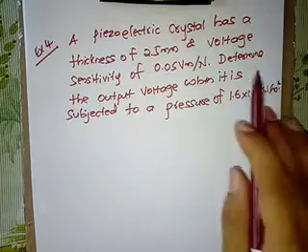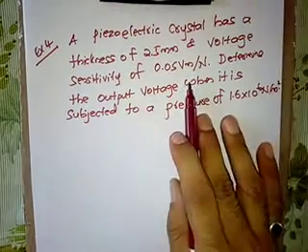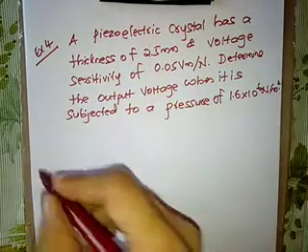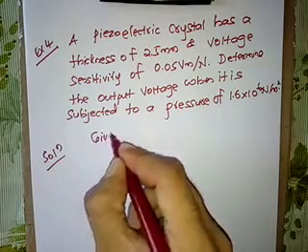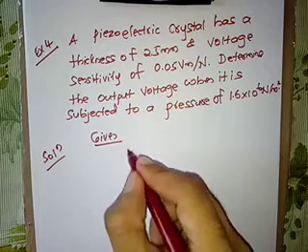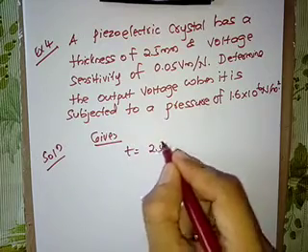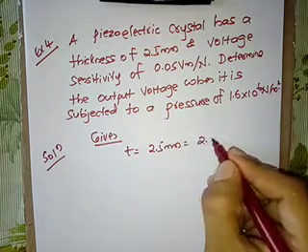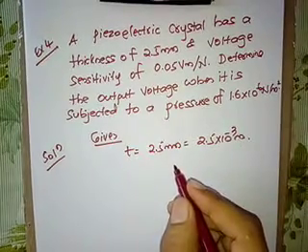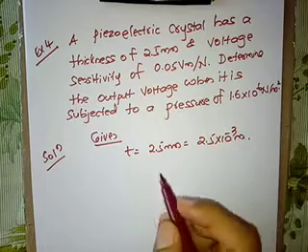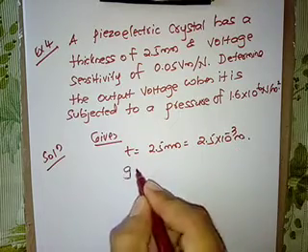What is given? A piezoelectric crystal has a thickness of 2.5 mm. So thickness of the crystal is given. Write the given data. So given, thickness of the crystal, T is equal to 2.5 mm, that is 2.5 into 10 raised to minus 3 meters. Then what else is given? Voltage sensitivity, it is G, small g.